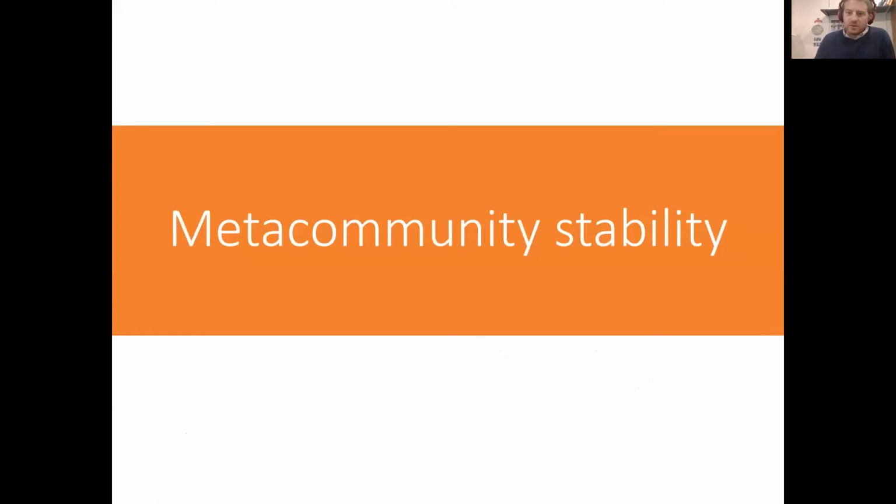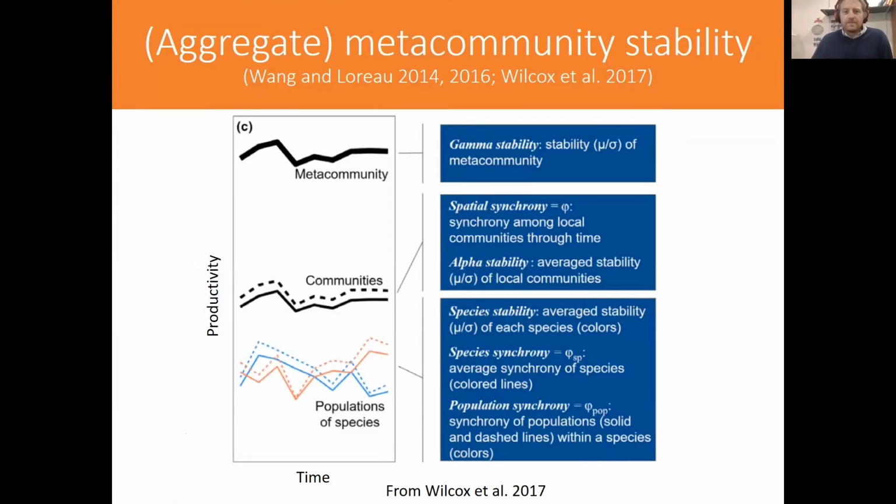Okay, so I've talked about community stability. Now we're going to go up one more scale in organization and talk about metacommunity stability. There have been a number of papers.